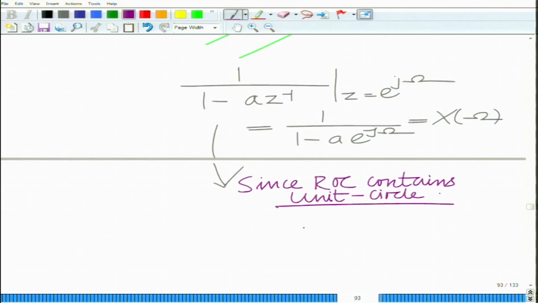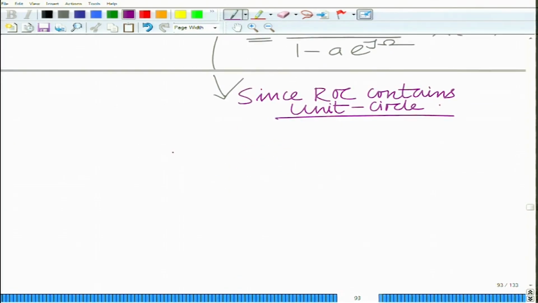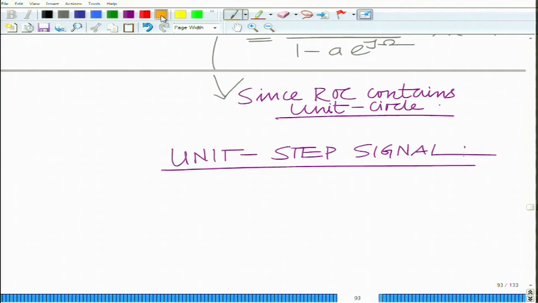the unit circle. Now, on the other hand, if you look at the unit step signal, u n equals 1 for n greater than or equal to 0 and u n equals 0 otherwise.